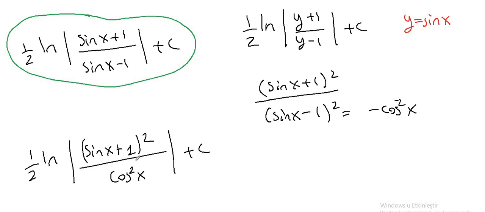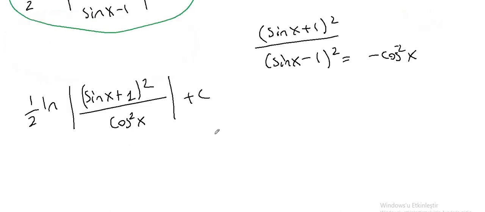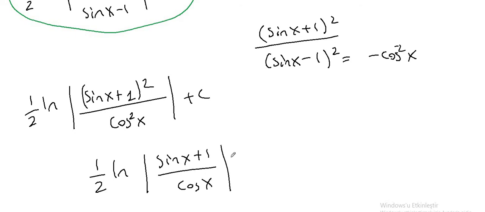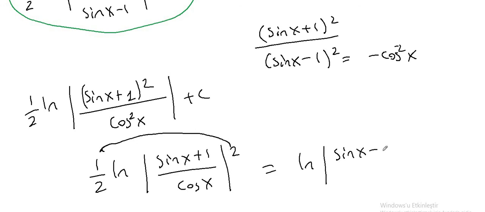Now we have both squares on the numerator and the denominator, so we can wrap it in the same parenthesis. And using the logarithmic rules, we can pull the power in front of the ln. So 2 times 1/2 is just 1, so we obtain ln of sine x plus 1 over cosine x.